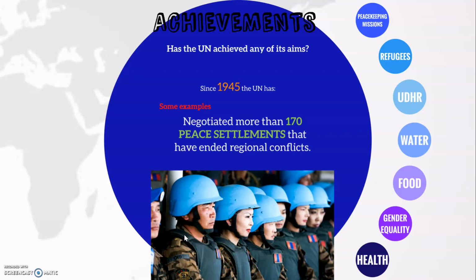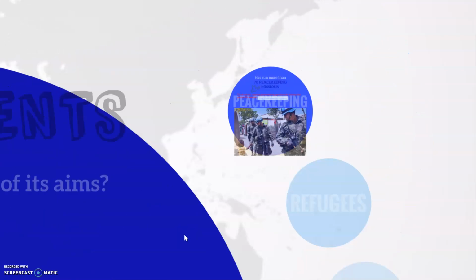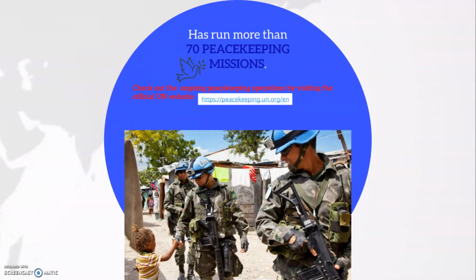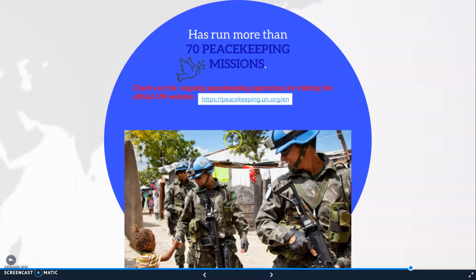Peace settlements means accordi di pace. It has run more than 70 peacekeeping missions, and you can check by yourselves the ongoing peacekeeping operations by visiting the official UN website. Here's the link if you're interested.